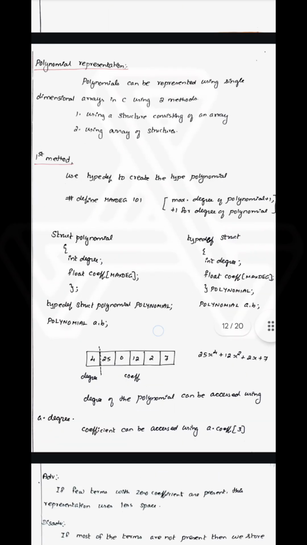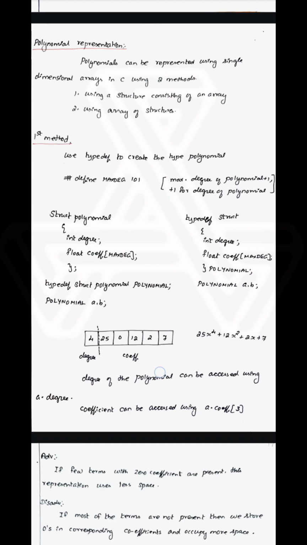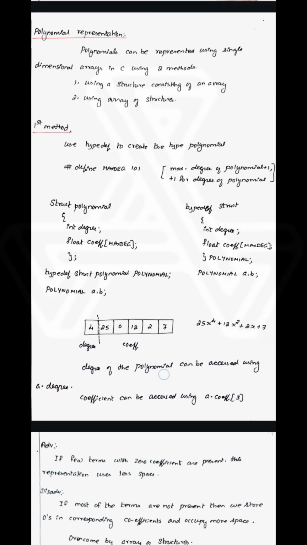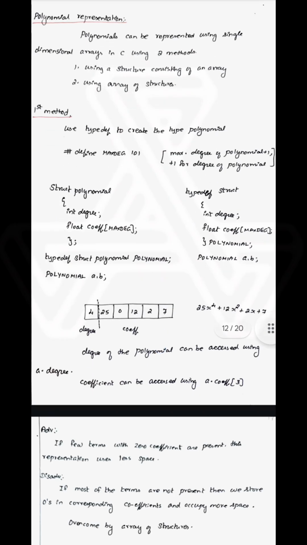Polynomial representation. Polynomials can be represented using single dimensional arrays in C using two methods: using a structure consisting of an array, or using an array of structures. First method, using a structure consisting of an array. We have a typedef to create the type polynomial.